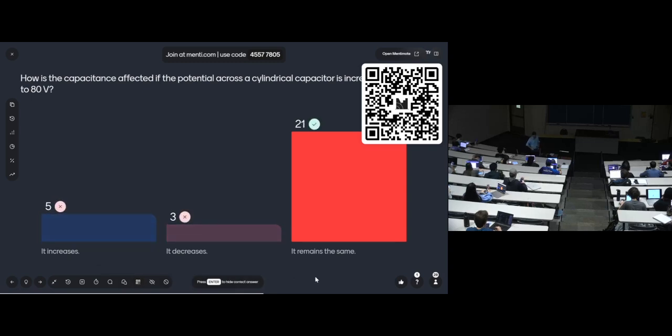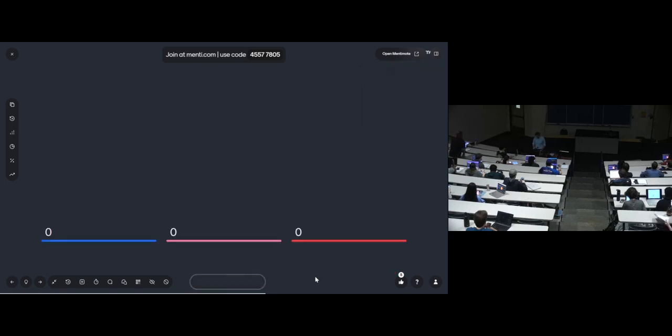All right, so we would expect that the capacitance stays the same. We're not changing the geometry when we change the potential, the voltage. So what changes here is that if we're increasing the potential, the charge has to increase. But overall, you would expect the capacitance to stay the same. If it was 1 microfarad before the increase, then it should be 1 microfarad after the increase.